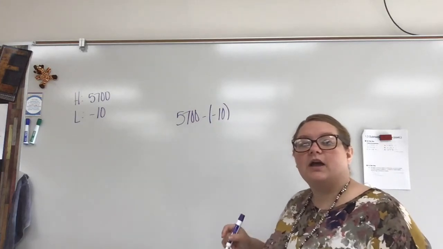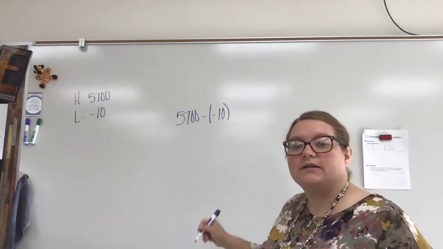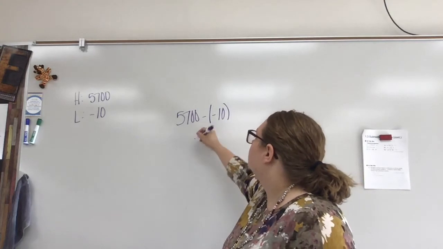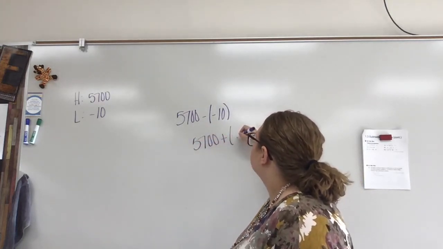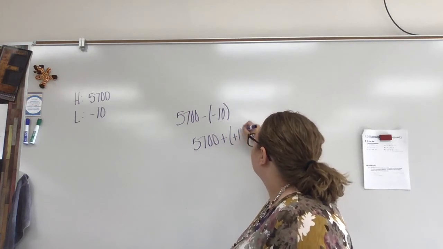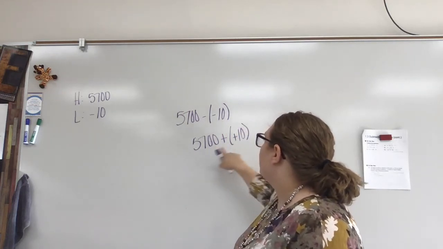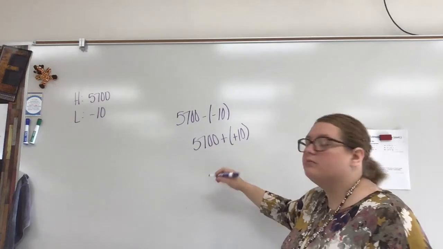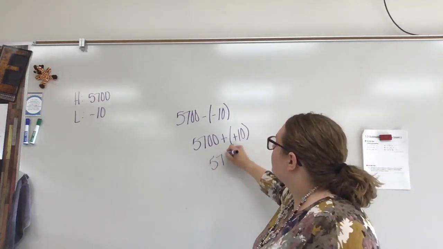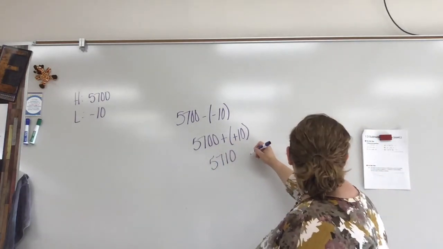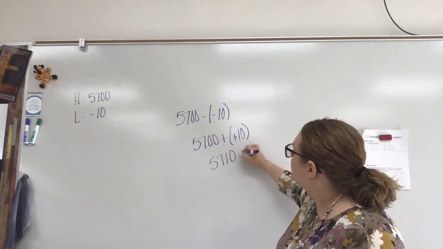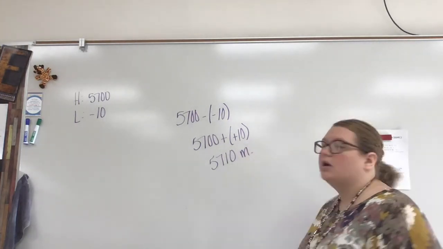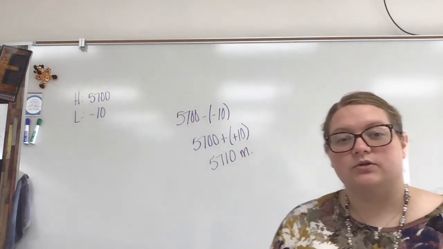Again, change the subtraction to addition and change the sign of the following number. Now they have the same sign, so we would add them. 5,710 feet. Oh, this one's in meters. So 5,710 meters would be the range between those two elevations.